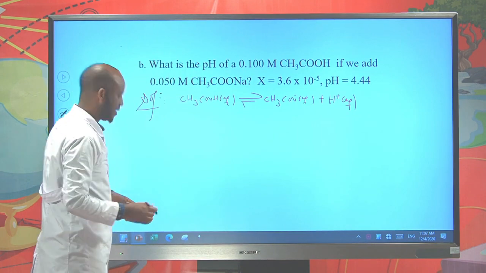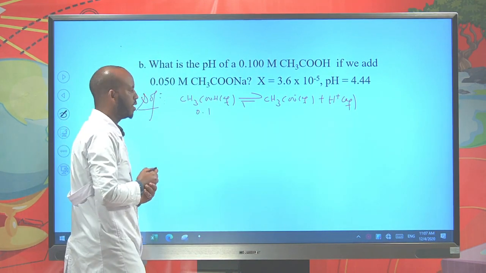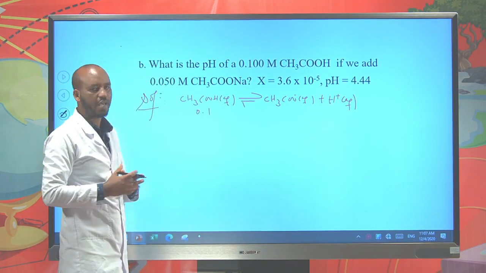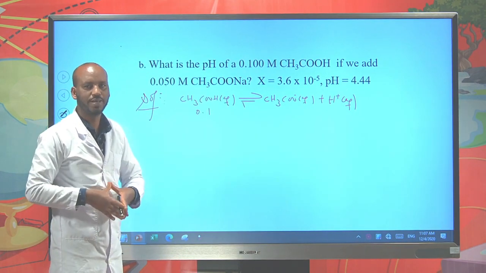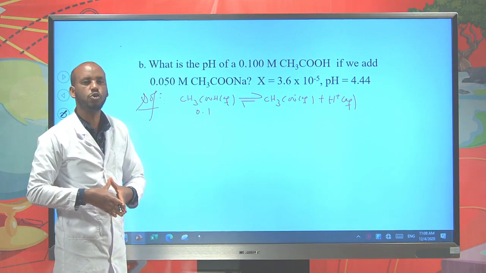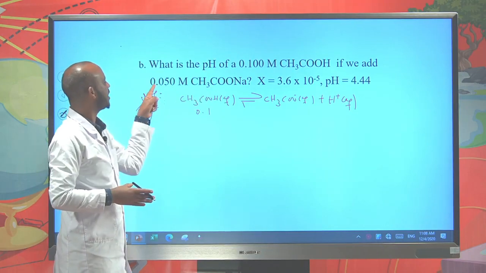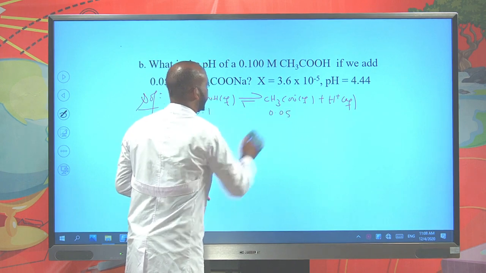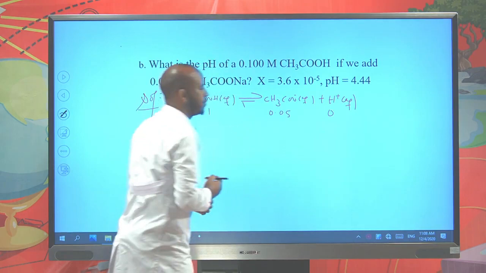Initial concentration of acetic acid is 0.1 mole per liter. Initial concentration of acetate is 0.05 because sodium acetate is a salt. Salts are strong electrolytes and completely dissociate into acetate and sodium plus. Concentration of acetate is 0.05. Initial concentration of H plus is 0.